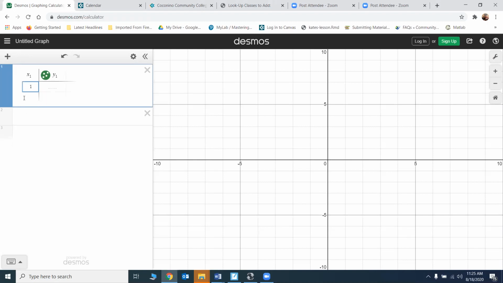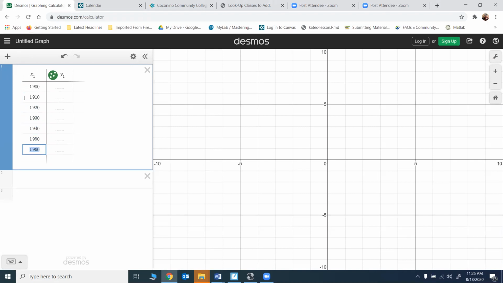My x values start at 1900, then 1910. Desmos is pretty smart. It notices when you do 1900, 1910 that you want to go 1920, 1930, 1940, so you can just hit enter each time up to 2000.